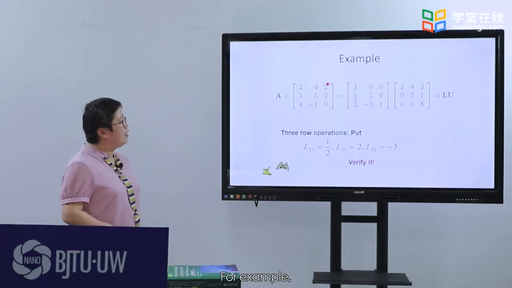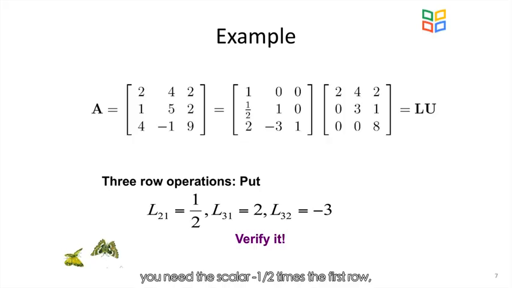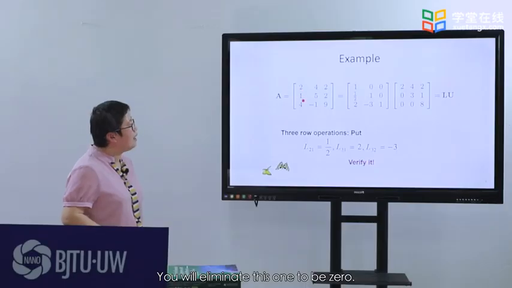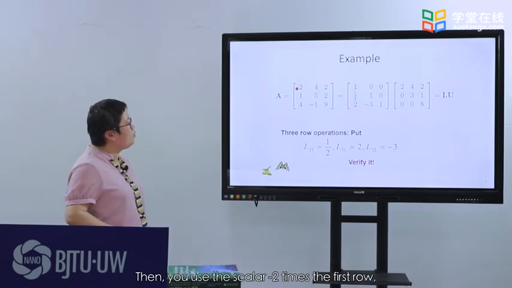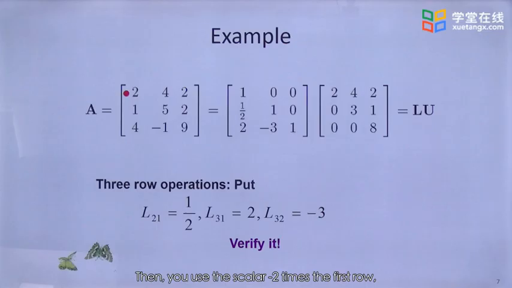So for example, you use the scalar minus 1 over 2 times the first row, then add to the second row. You will eliminate this entry to be 0, right? And you use the scalar minus 2 times the first row, then add to the third row.